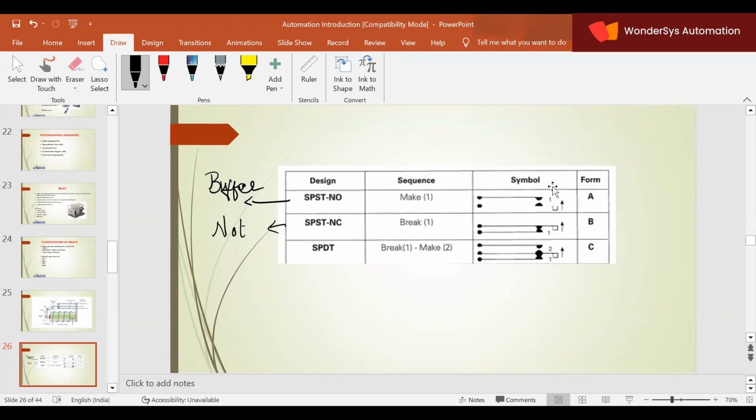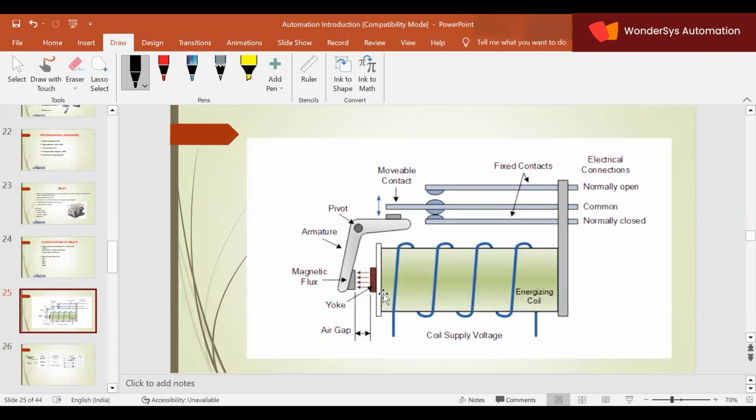Now here you can see there is a small gap between the common terminal and the NO terminal. This is NO, this is common. Whenever the voltage is applied across this magnetic coil, flux will be induced.